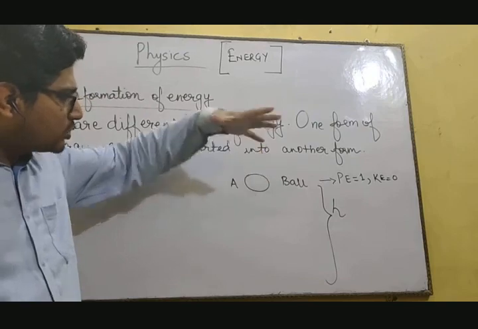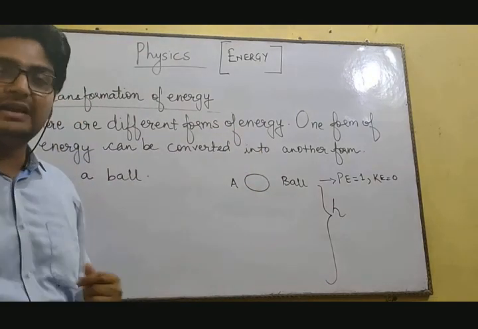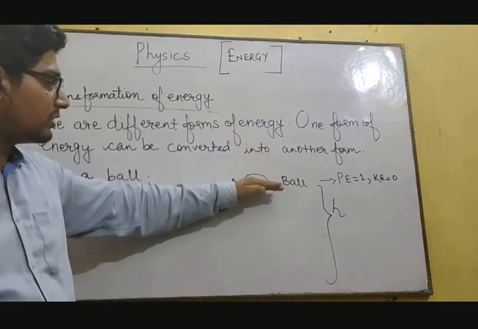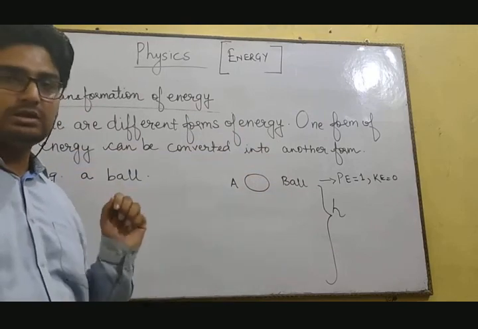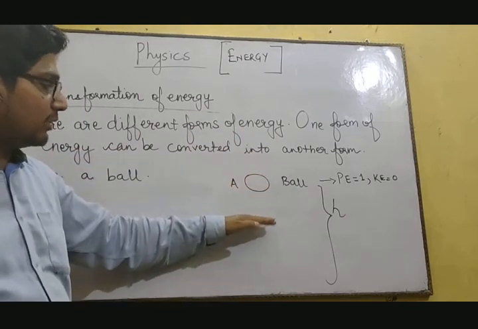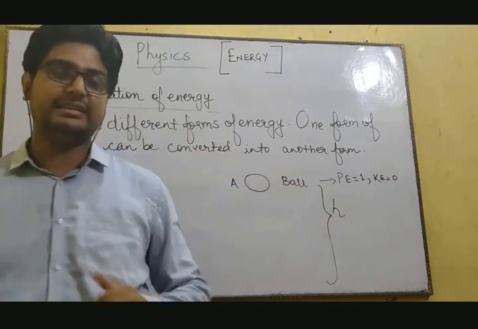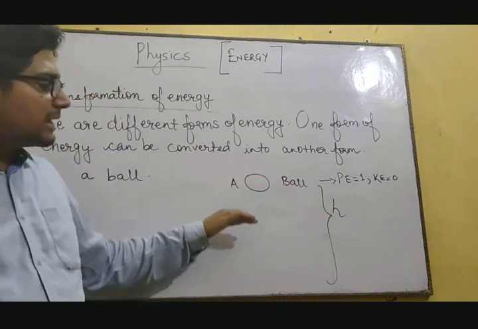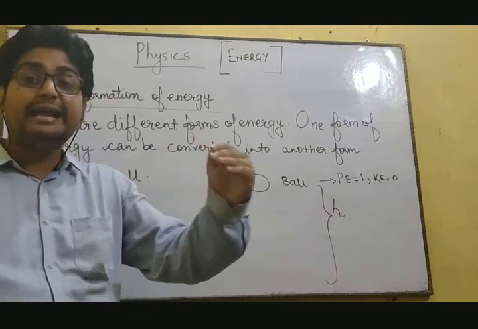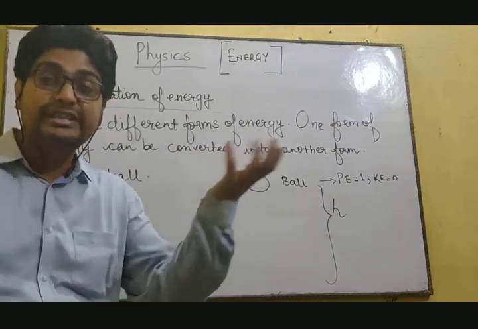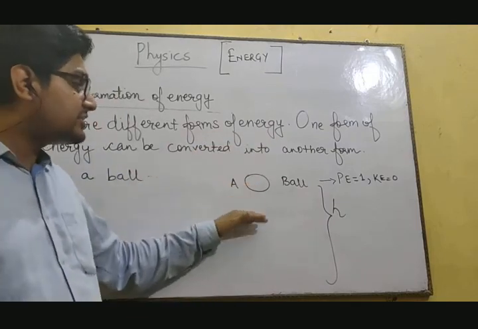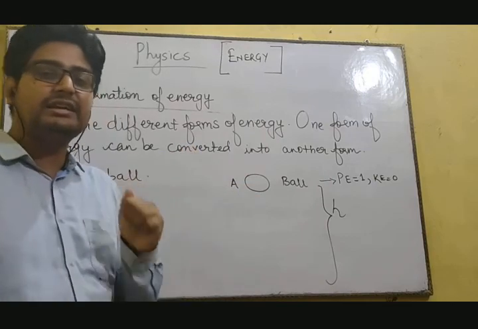Now as soon as I release the ball, what will happen? Obviously the ball is going to come down. When the ball is coming down, is the height increasing or decreasing? The height of the ball from the ground is decreasing. Since the height is decreasing, which kind of energy will decrease?